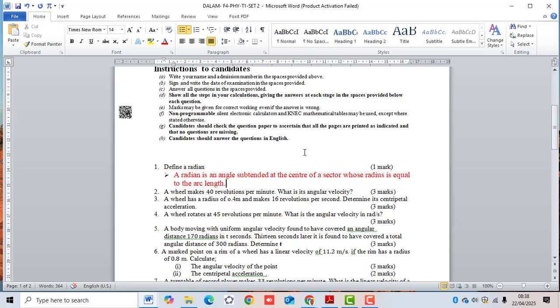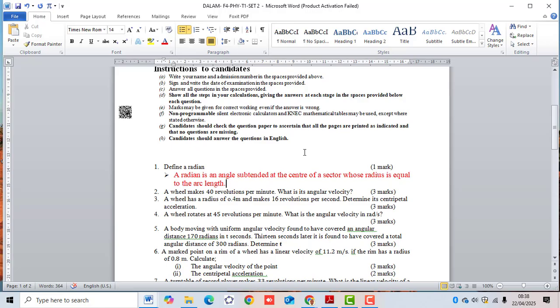And for the circle, it will be 2 pi radian, because the angle at the center of a circle is 360 degrees. But now, if we just want to define it well, we just say that a radian is an angle subtended at the center of a sector whose radius is equal to the arc length.